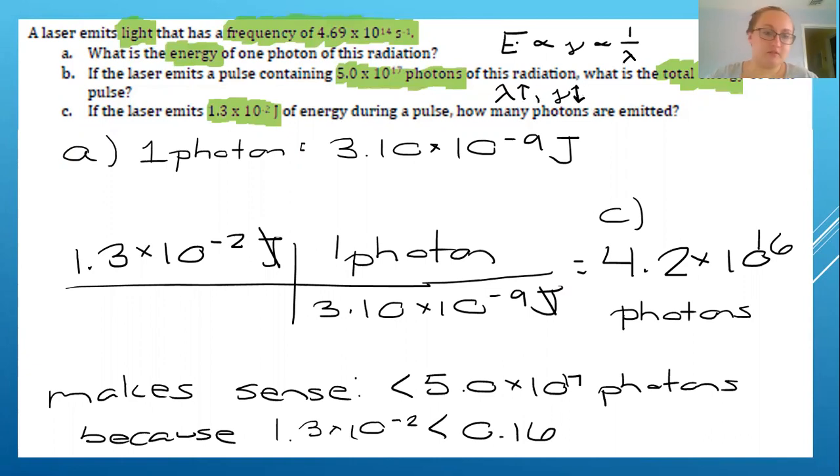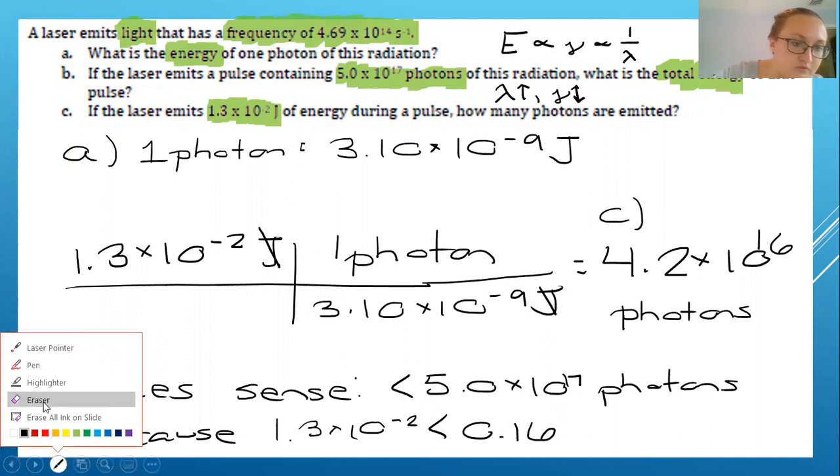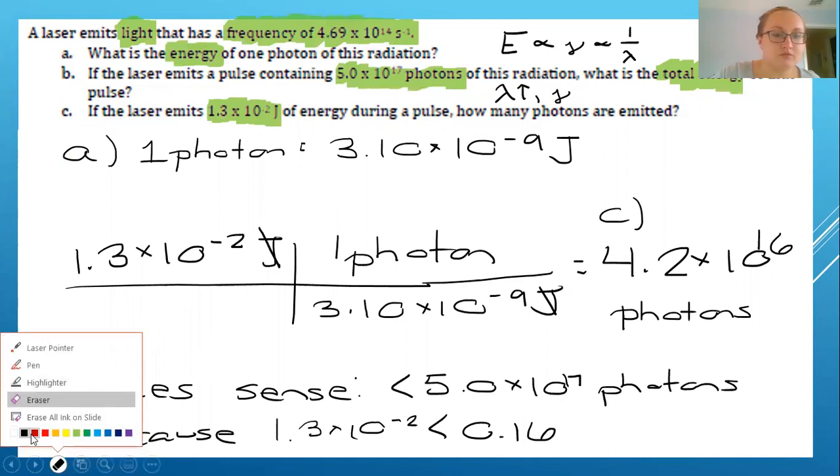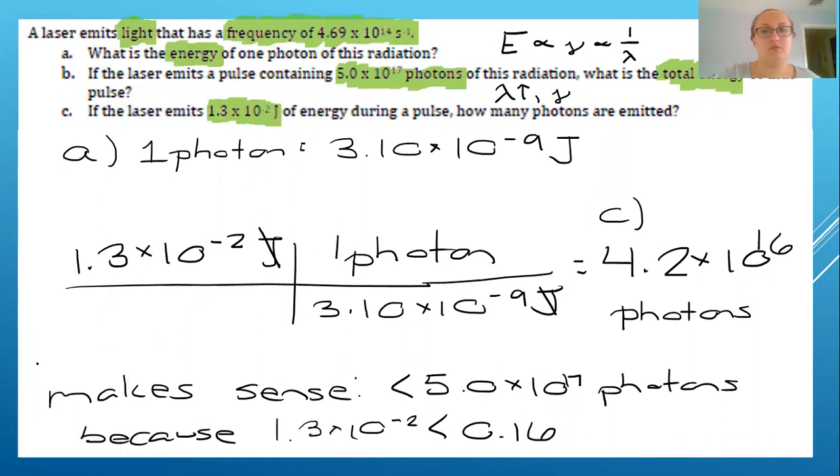That was an ugly one. And energy decreases. Or as wavelength decreases, frequency increases, and energy increases.